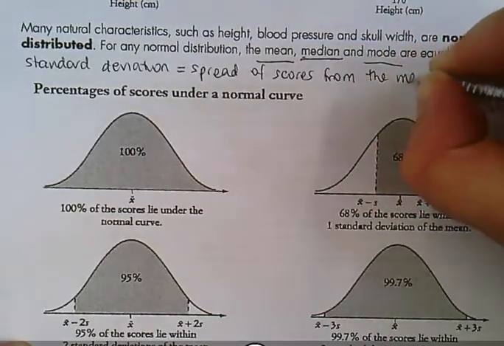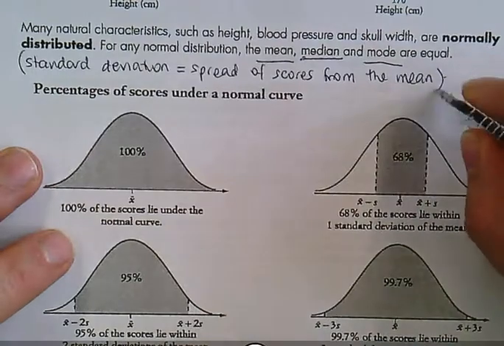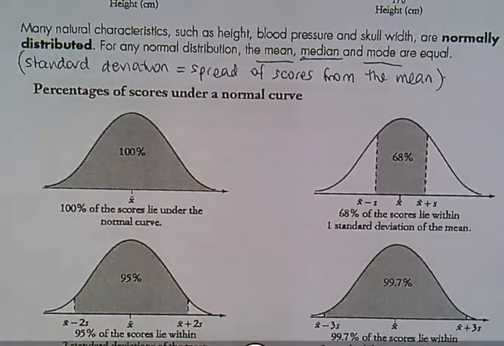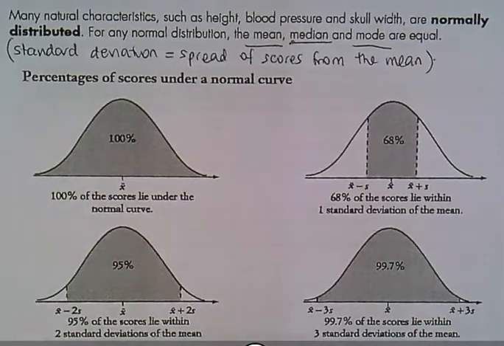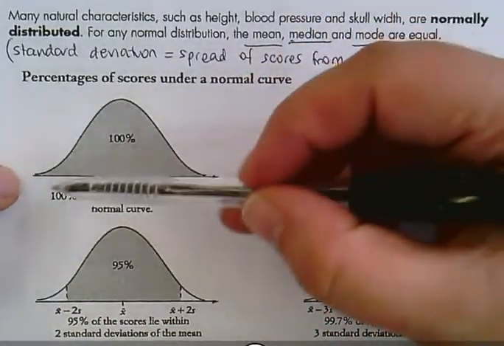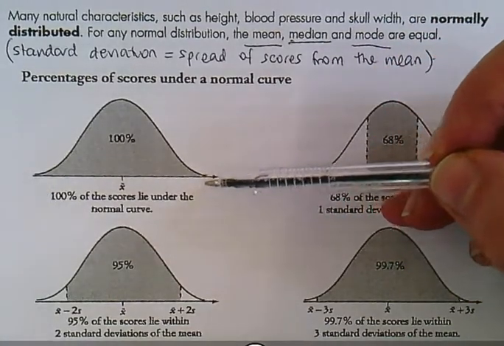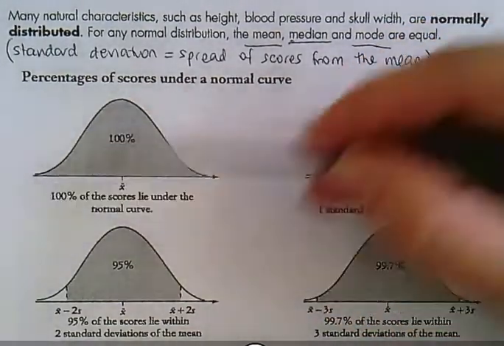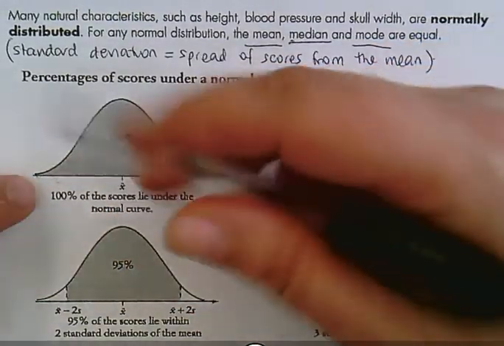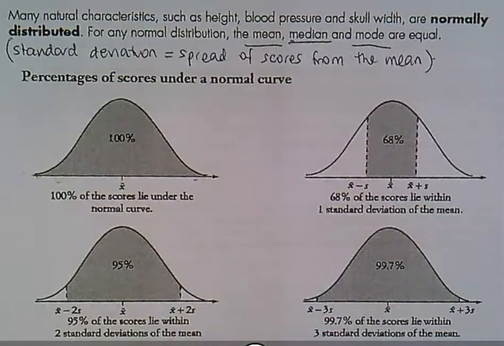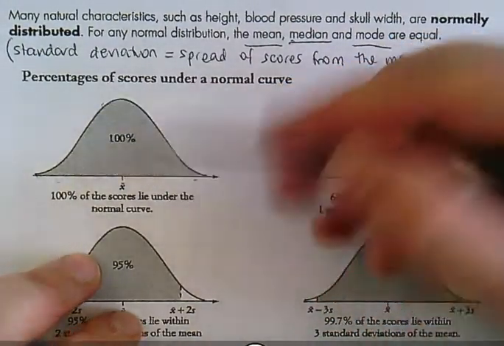And you learnt how to calculate that in the preliminary course, standard deviation. But what they find for a normal distribution, so for example, if you did your whole histogram for thousands and thousands of scores and you had a normal curve, is that 100% of the scores lie under this curve, right? But you know how this is the really big area of the curve, just in the middle there?